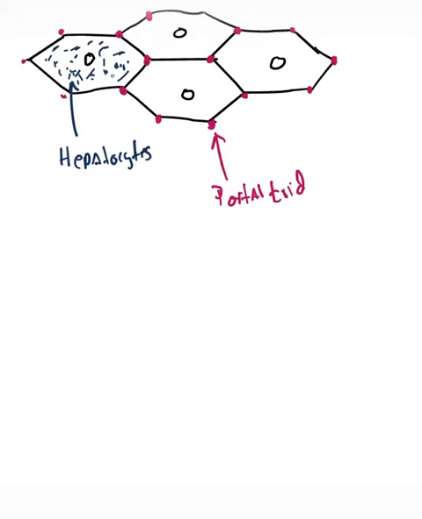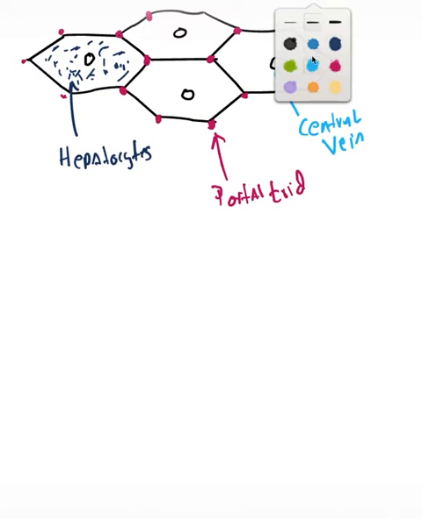So you have the hepatocytes here in the middle, you have the portal triads, and then in the middle of these structures you also have another structure, and let me draw that in a different color, and that is a central vein. So these are the major components. You have your hepatocytes packed inside of these structures, in the middle you have a central vein, and on each corner you have the portal triad.